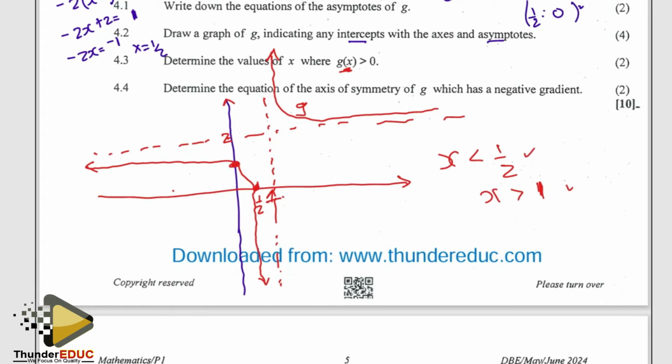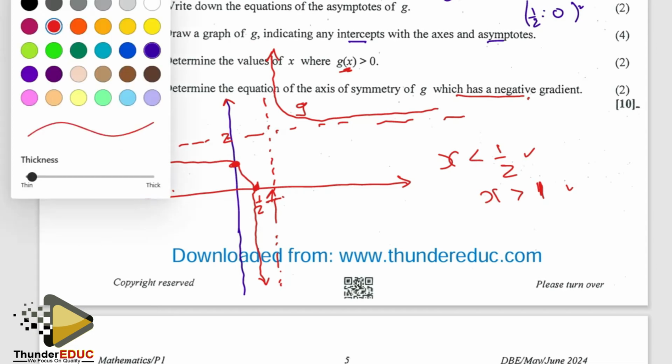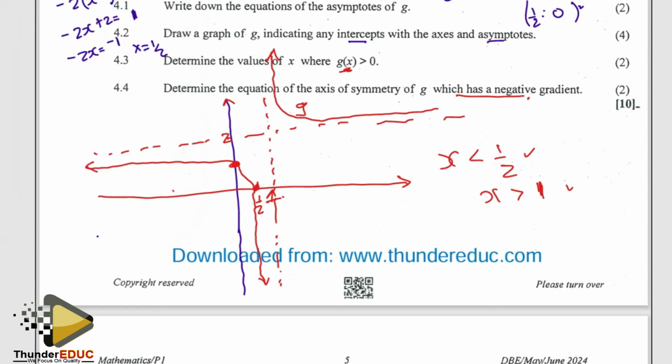Then the equation of the axis of symmetry of G with a negative gradient. Now they've been specific. Negative gradient. Remember that the equation of axis of symmetry is always y is equal to x plus c or negative x plus c. So we're going to use the negative part of it. For us to get c, we have to use this point here.